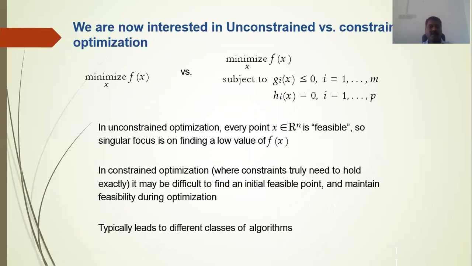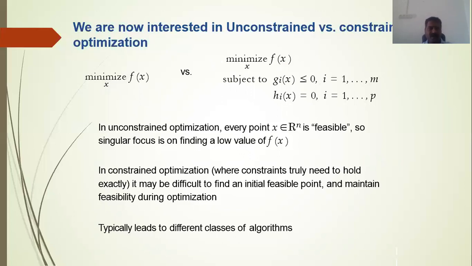Unconstrained means we have to minimize the objective function f of x. I need to figure out those x where it is a minimum, versus constrained, where we have the same minimization, but subject to some constraints. In unconstrained optimization, every point x is feasible, an eligible candidate for a minimum.